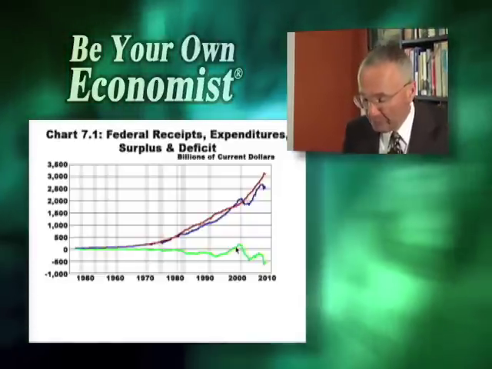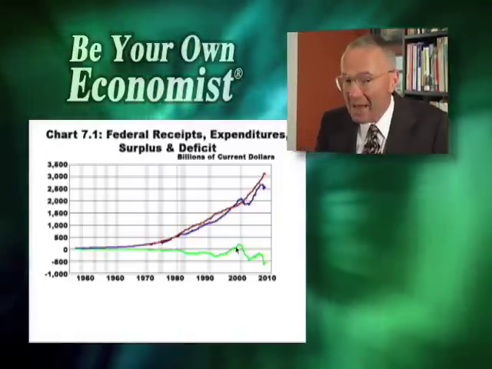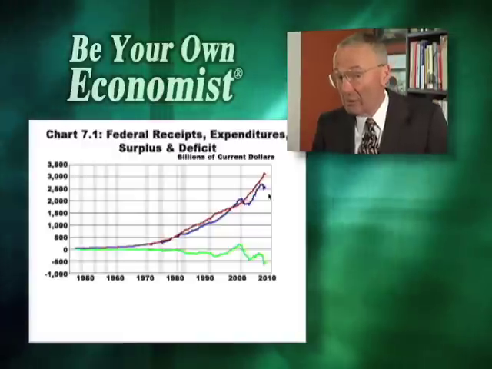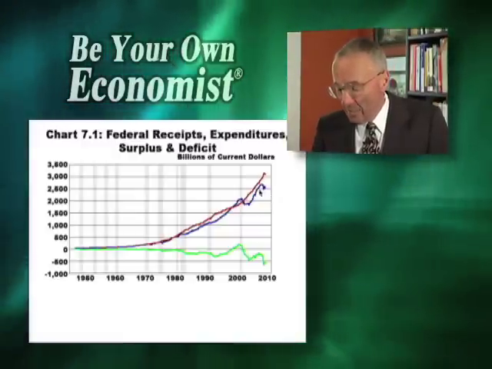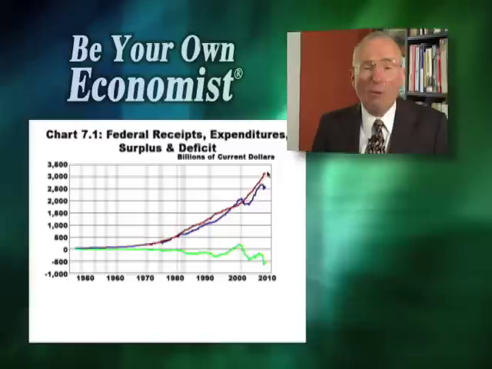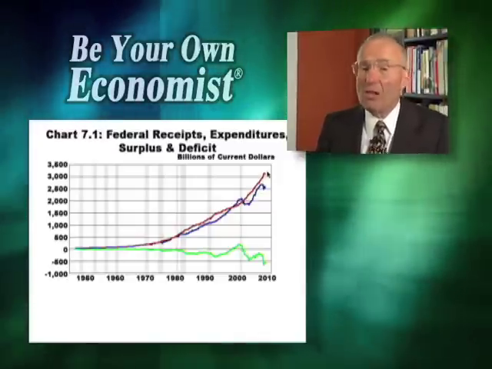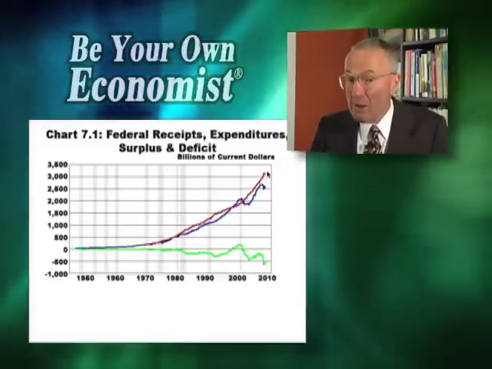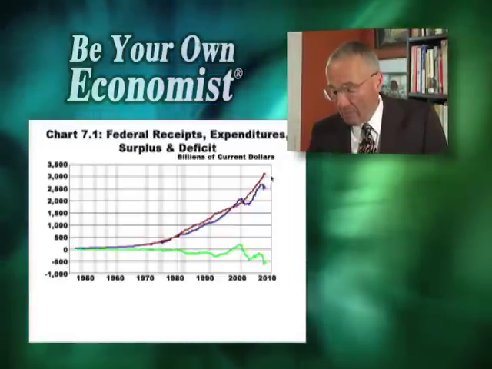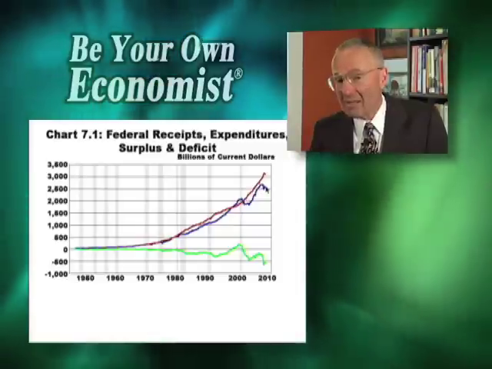All right. Well, what's happening today? Well, clearly what's happening today, if we fast forward to current events, is expenditures keep growing. Well, that's all part of the stimulus package. We all know that the federal government is now going to spend more in order to stimulate the economy. But what about the tax cuts?